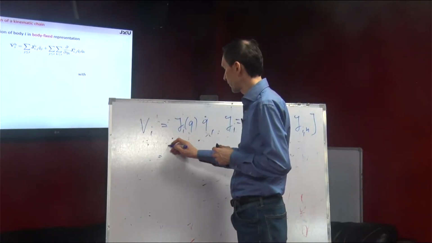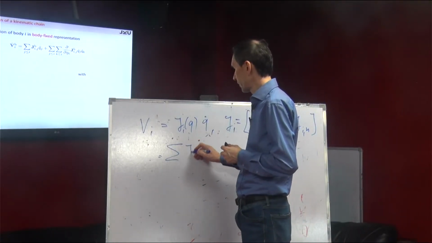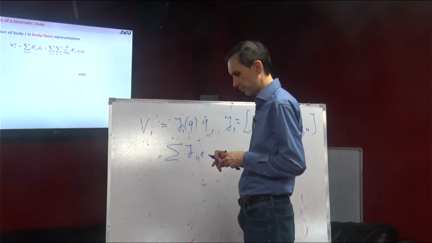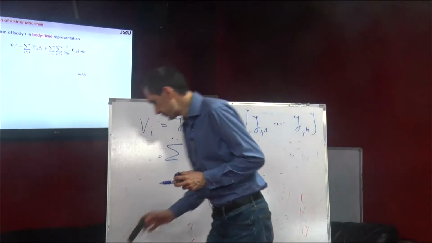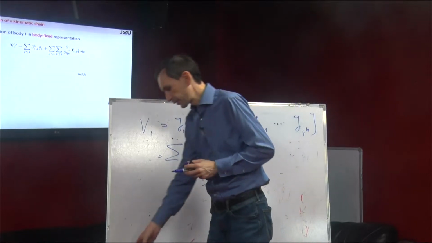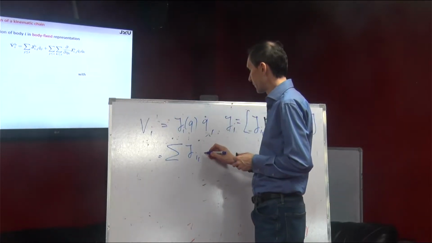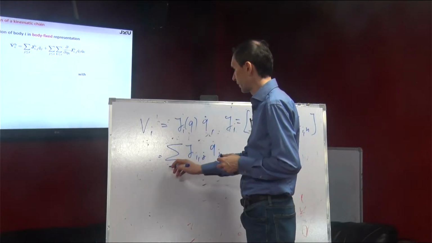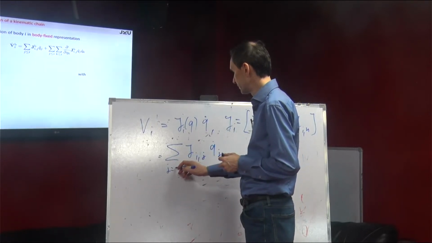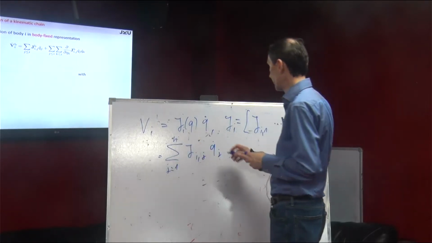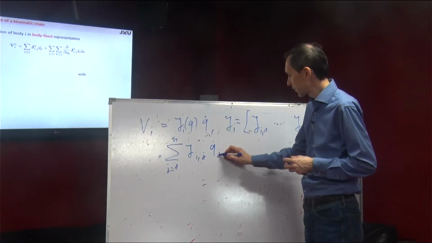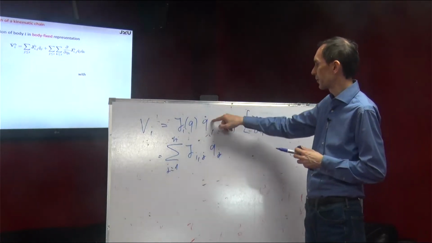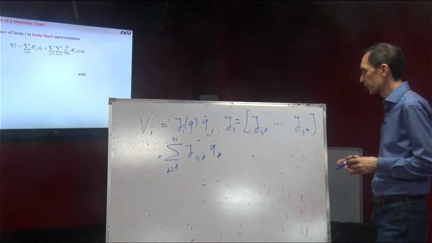So essentially the first column times q dot and so on, which is the same as saying we multiply this with the columns j from 1 to n with qj dot. So we actually do sum over the columns multiplied with the respective q dot.